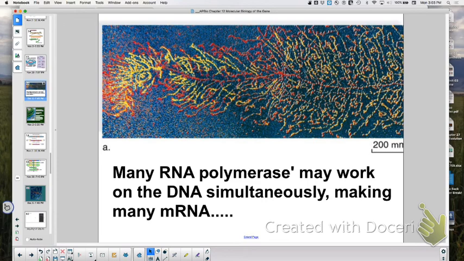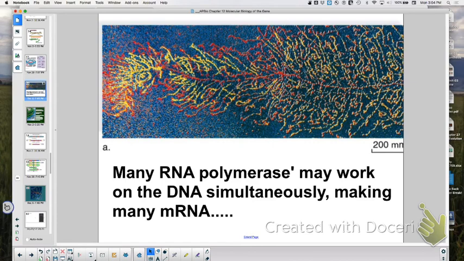What's significant is this. Remember, prokaryotic cells do not have a what? No nuclear envelope, right? They just have a nucleoid region. And they have no introns. They just have exons. They don't have that genetic junk. So the primary transcript is mature from the time that it is formed.